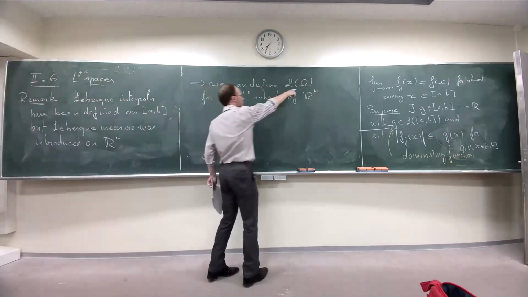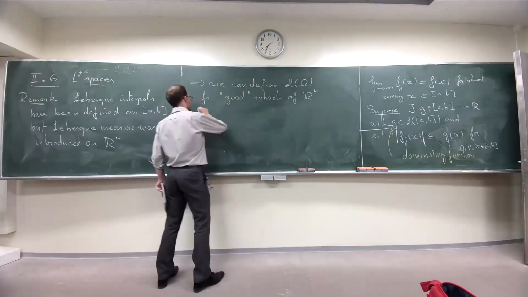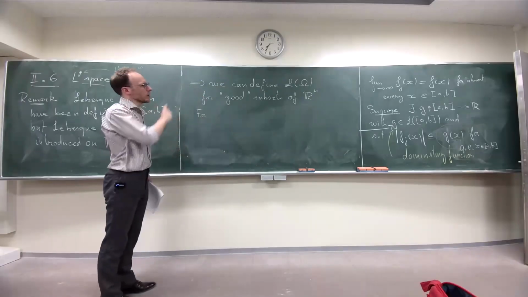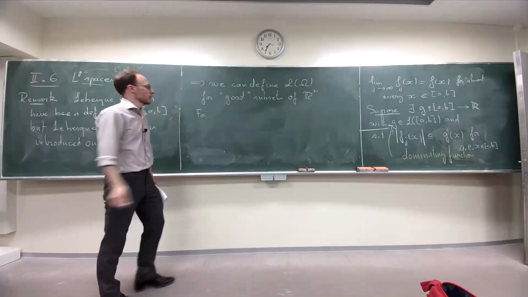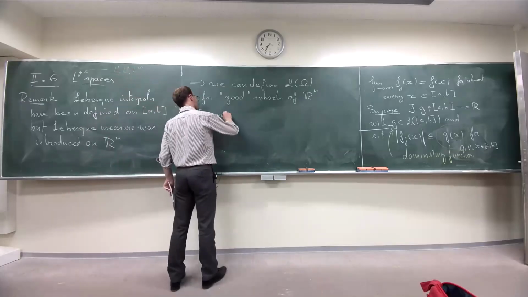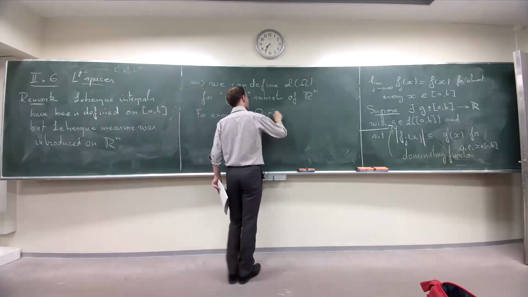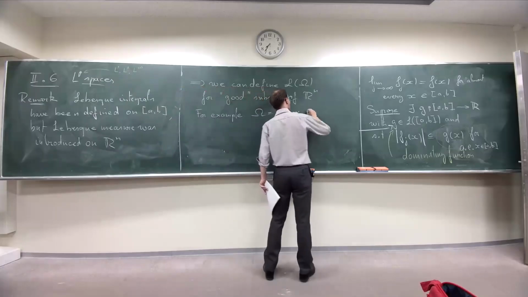I mean, instead of an interval, I can do it on other sets. For example, what does good mean? I want to go to Rn, so instead of taking an interval, I can take a box. For example, omega is a box, and I have defined a box in Rn.